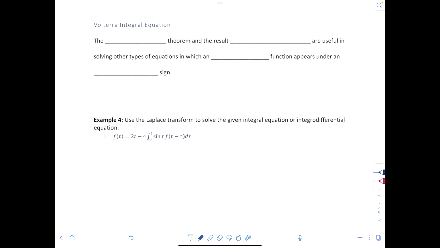So the convolution theorem and the result where we have the Laplace transform of the integral from 0 to t f at tau d tau, that whole transform equal to capital F at s over s, are useful in solving other types of equations in which an unknown function appears under an integral sign.